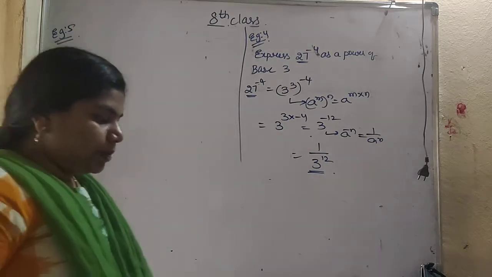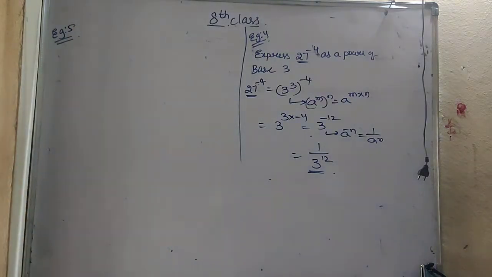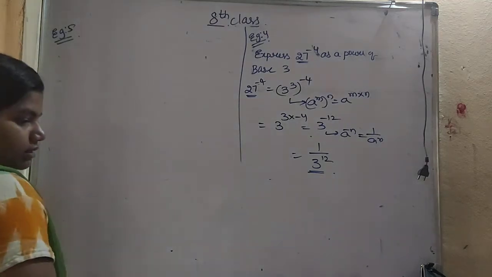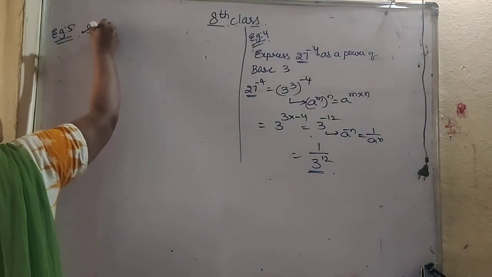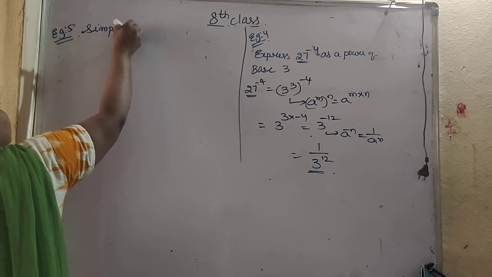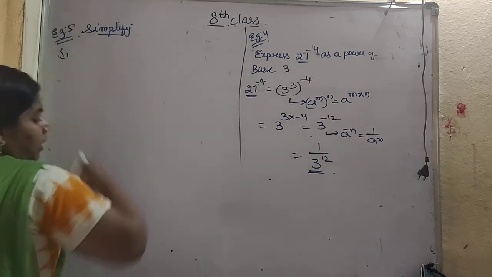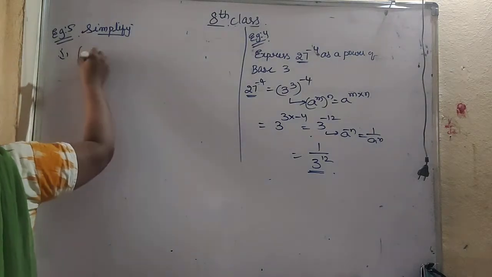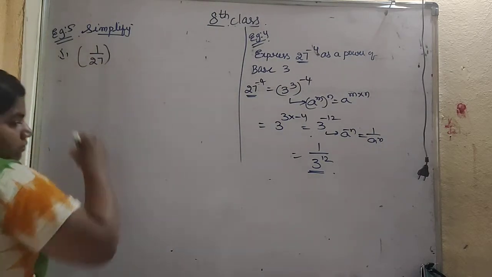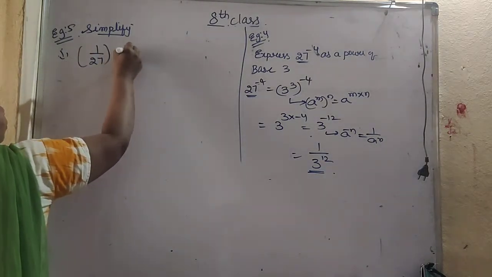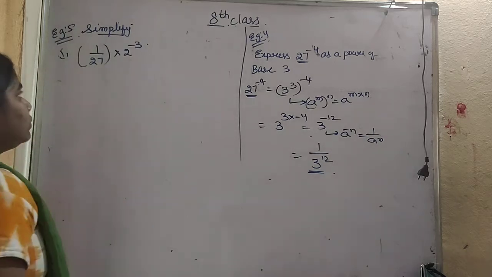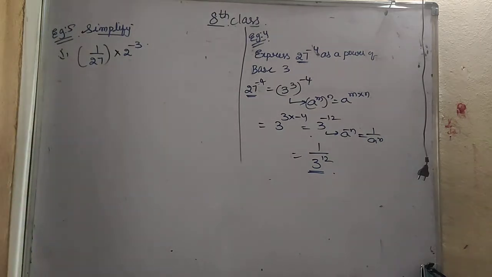Example 5, simplify. So we have to simplify the terms. So what is the first one? In that, the first one is 1 by 27 into 2^(-3). So we have to simplify this. 27 can be written in the form of 3 terms in prime factorization.